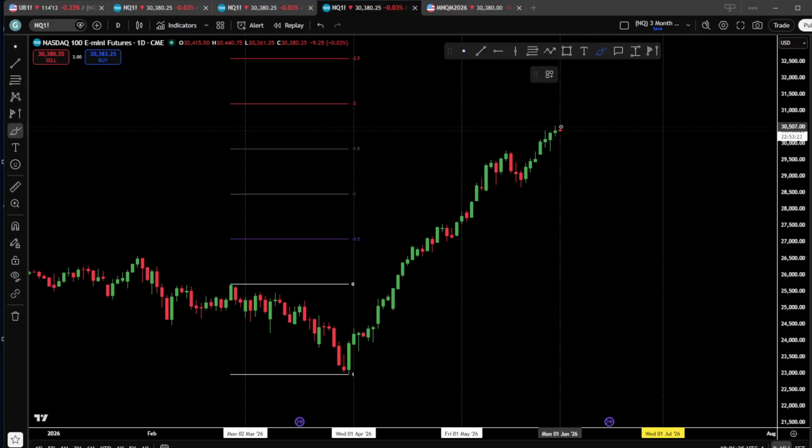And then what we'll try to identify is not only how Monday itself could form, but also important levels for the monthly power of three, right?